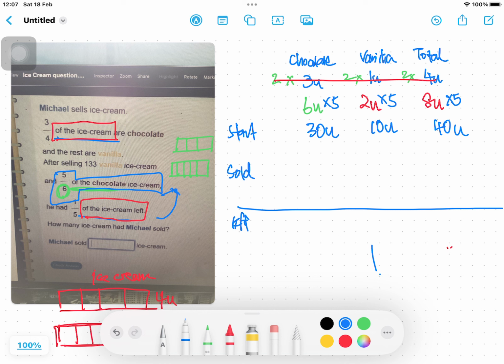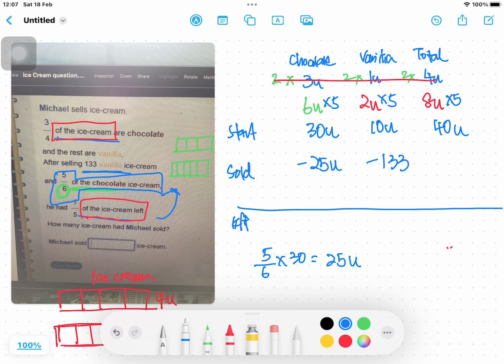So I know that 5/6 of the chocolate ice cream, this is how I can get 5/6 times 30, right? Will actually give me 25 units. So 25 units sold. Correct? And then here remains the same, 133. This is a number, minus 133. Okay, so this is something very important.